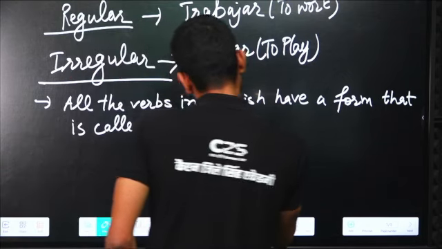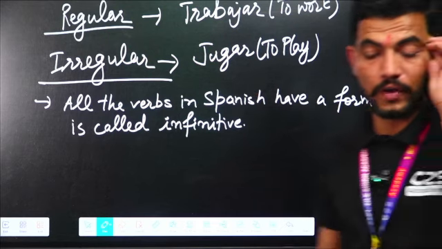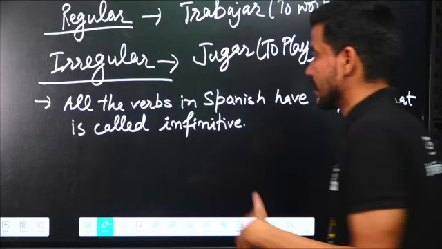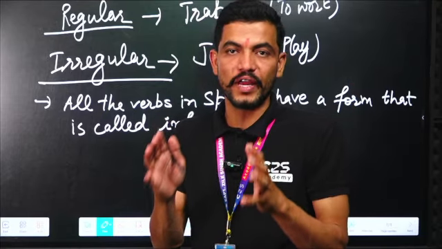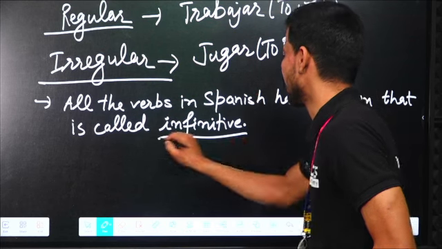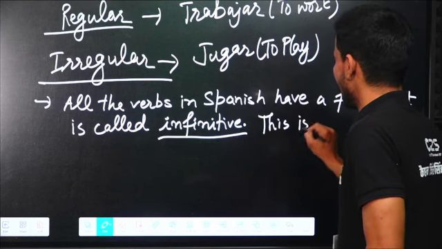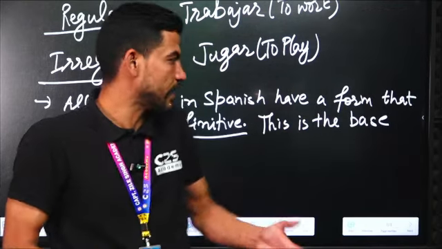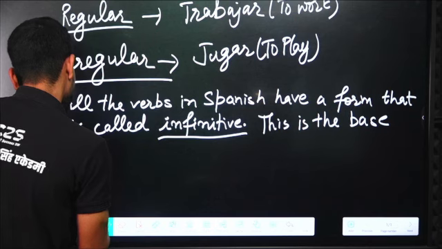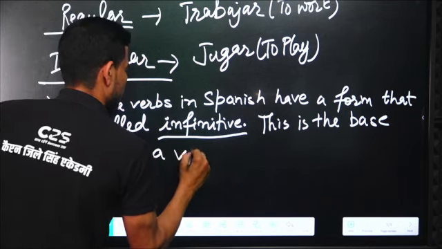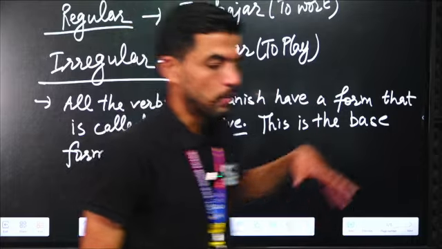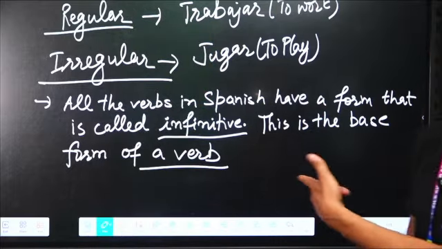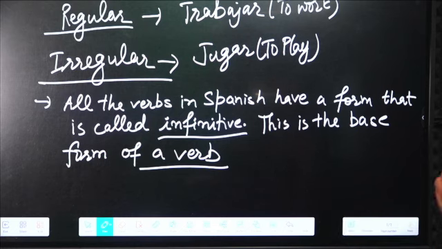And what is this? This is actually the base form of a verb. What the verb actually is, that tells us. So almost all the verbs in Spanish have a form that is called infinitive, and this is the base form of the verb.